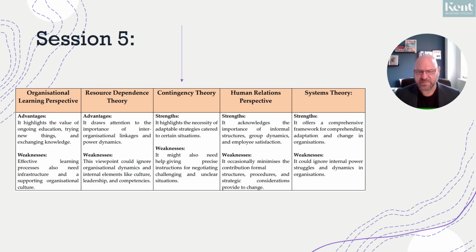Systems theory, this is a big one that I'm involved in quite regularly, and it's my definition of an organization as well, or my bias of an organization. It offers a comprehensive framework for comprehending, adapting, and change in an organization, and particularly thinking about triple loop learning and how decisions that are made in one sector of the organization may impact other aspects within the organization, sometimes unknowingly.